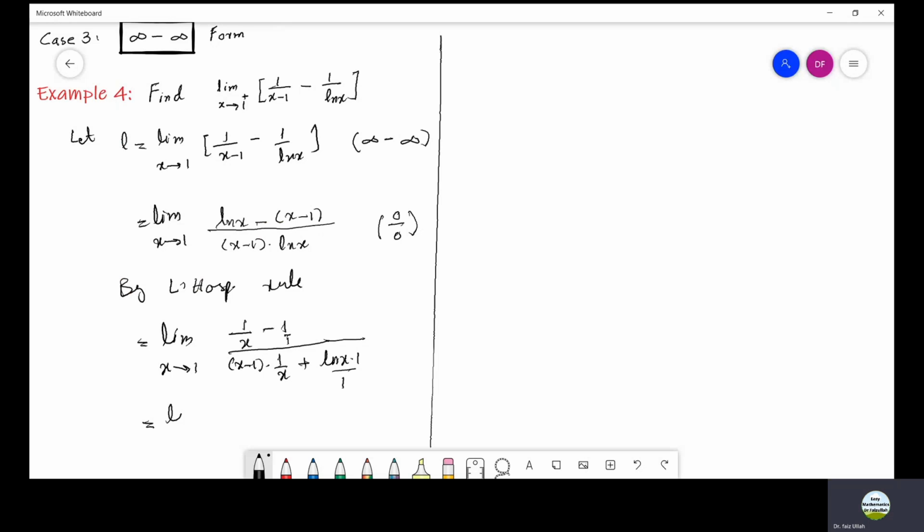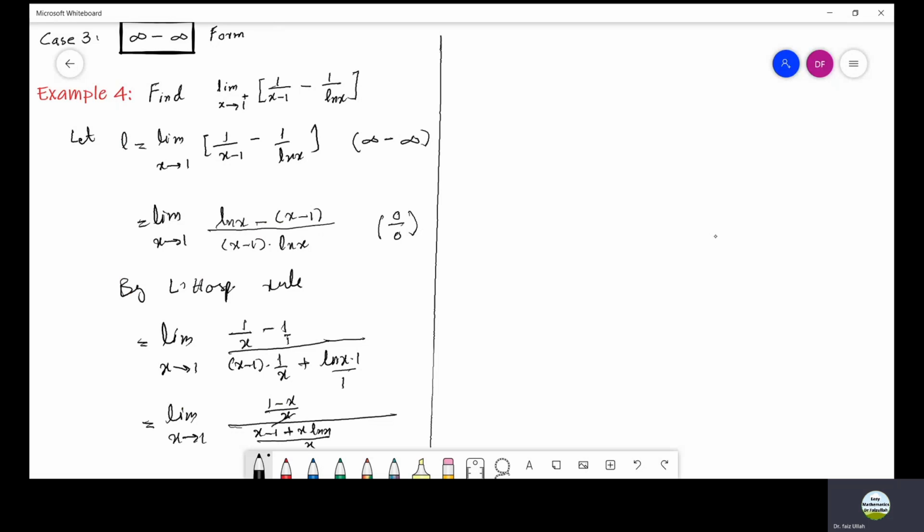Now let us take the LCM and simplify these two terms. So we have the limit as x approaches 1. From the above we have 1 minus x divided by x, whole divided by, from here we have x minus 1 plus x ln x, whole divided by x.